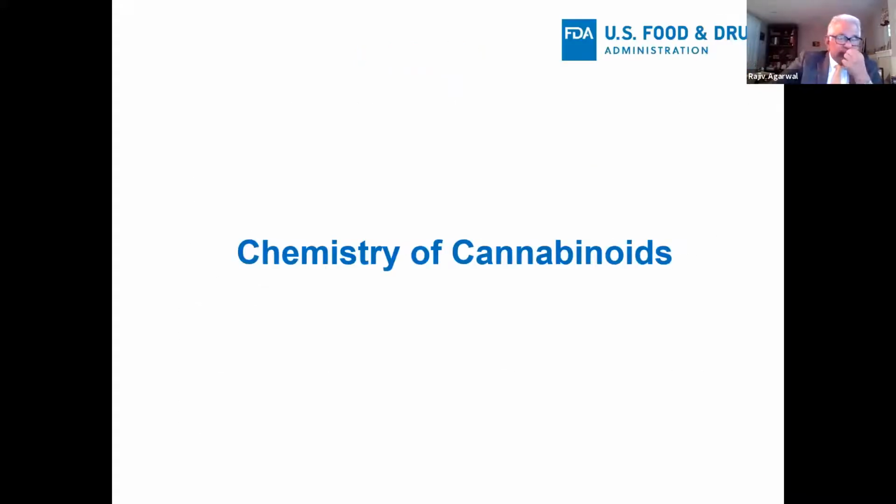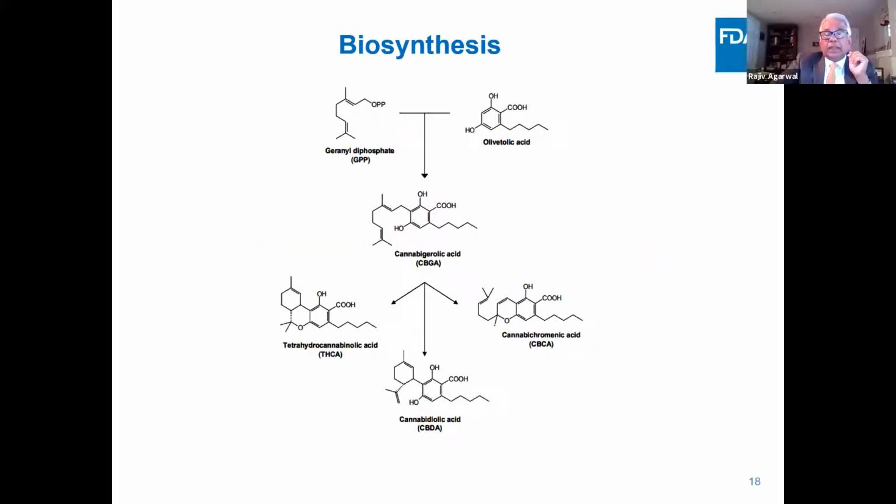So let's talk about the chemistry of cannabinoids, how these chemicals are actually formed in the plant. And you can use that synthetic pathway in the lab as well. So GPP, that's a precursor. This is found in orange peels and carrots, very common terpenes, and olivetolic acid, which is actually formed from the limonene in the plant.